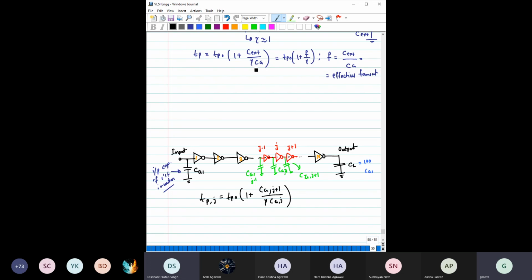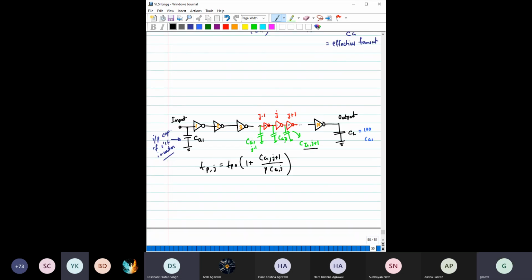I hope this part is clear to you, because from this, it is like Tp naught into C external by Cg, right? So for this jth gate, the external capacitance is this one. So it comes in the numerator, and in the denominator it is gamma of Cg, the gate capacitance of this jth stage, which is Cg of j, right?